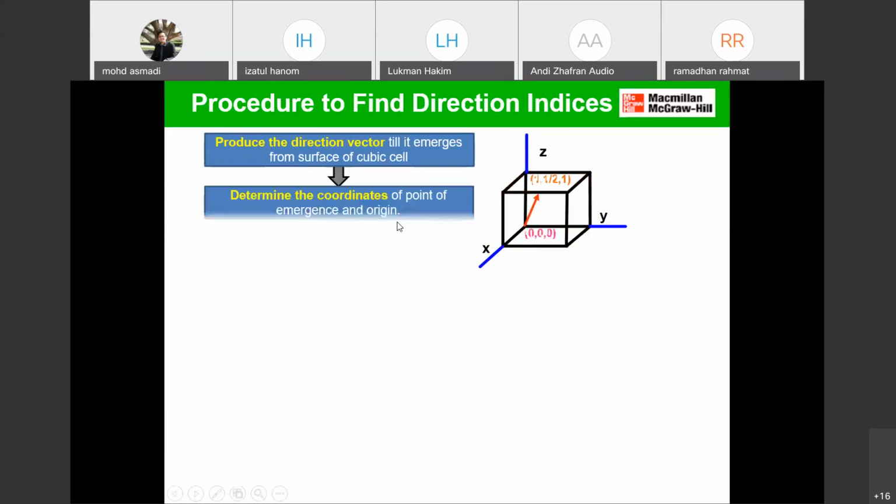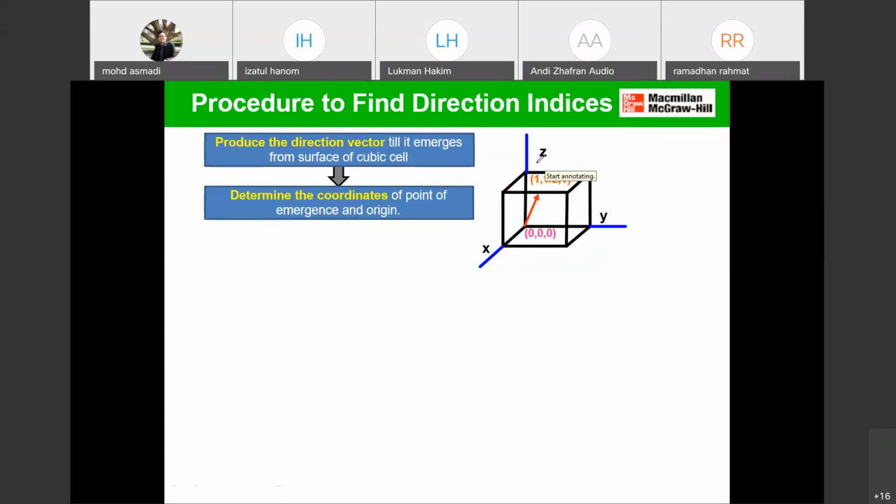Then determine the coordinates of the point of emergence and the origin. So if you look here, the origin is 0 0 0, while for the point of emergence, the arrow tip toward the direction, the x coordinate is 1.